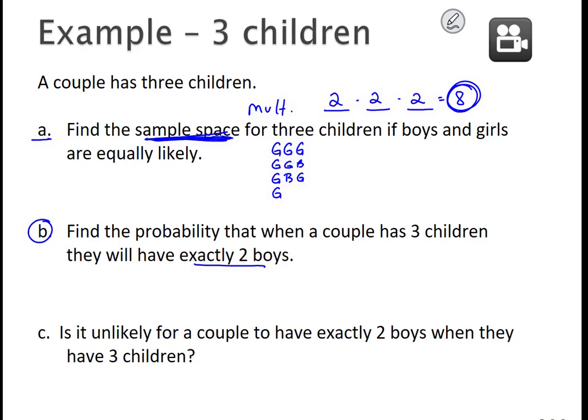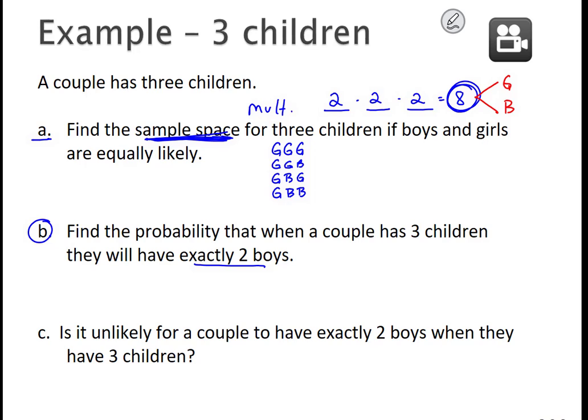Or I might start with a girl, have a boy, and another boy. And if you look through that, there's no other ways to have 3 children if you start with the girl. The other way you can think about this is if there's 8 possibilities, 4 of them are going to start with girls and 4 of them are going to start with boys. If you're good with the tree diagrams, that might help you as well.